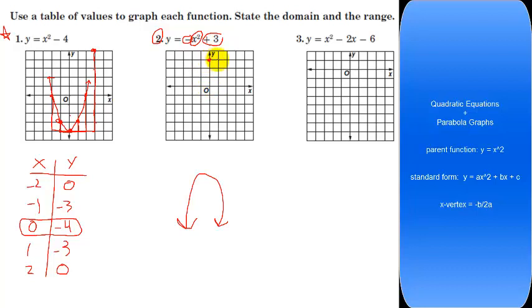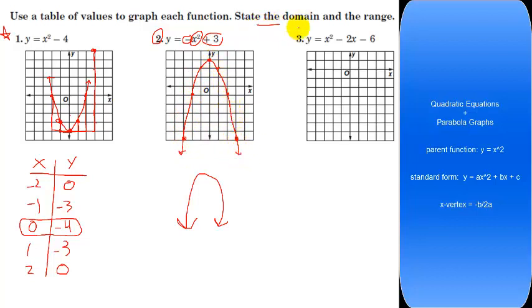Now instead of going over and up, because the negative sign, I'm going to go over 1, down 1, over 2, down 4, over 3, down 9. And then symmetrical left and right, so backward 1, down 1, backward 2, down 4, backward 3, down 9. And without even making a t-table, which is the recommended way to do it, I can do this right here.